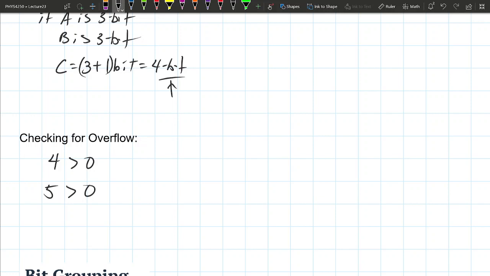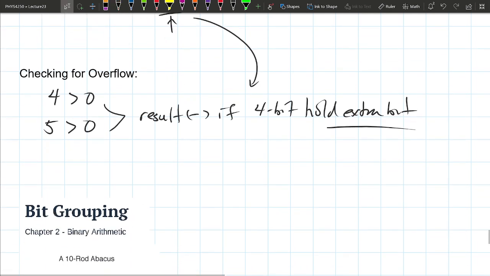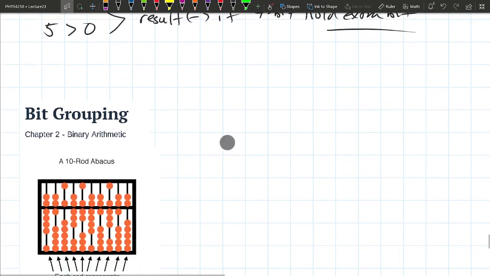Because what happened is that if you just add this without thinking about the overflow, this will result in a negative number if you don't have this 4th bit to hold the extra bit. We're not going to try to implement this, but just to know that this is a way to catch these things.